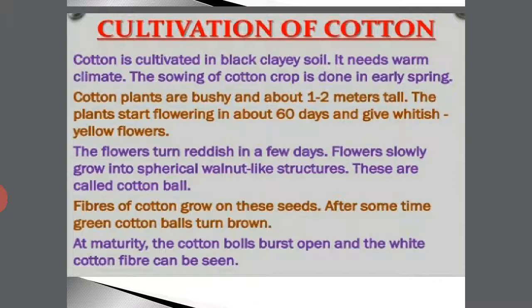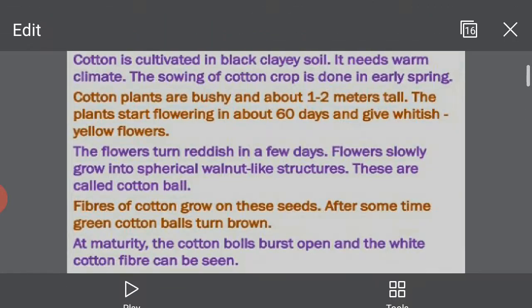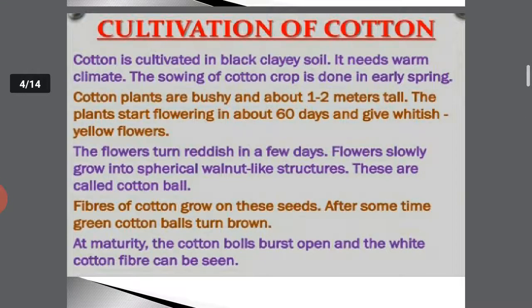The changes that take place in the cotton flower over these days are described here. Flowers slowly grow into spherical walnut-like structures. These are called cotton balls. The fibers of the cotton grow on these seeds.